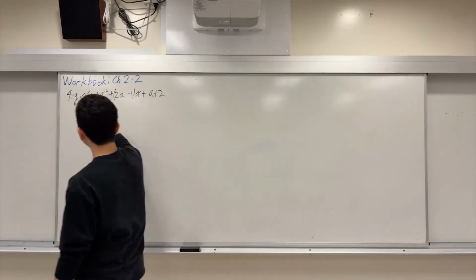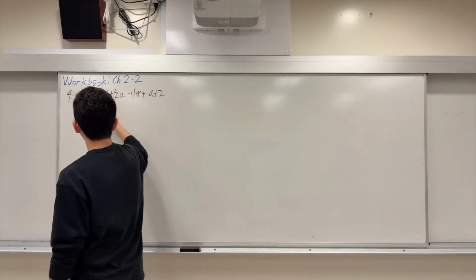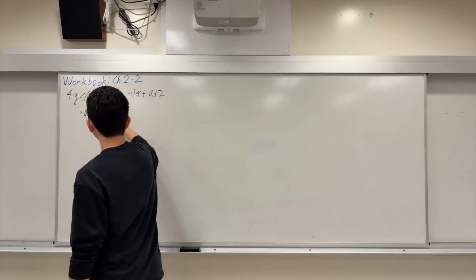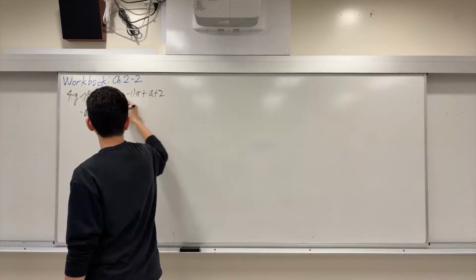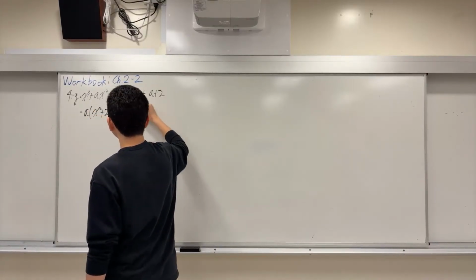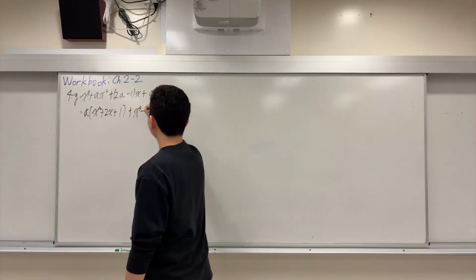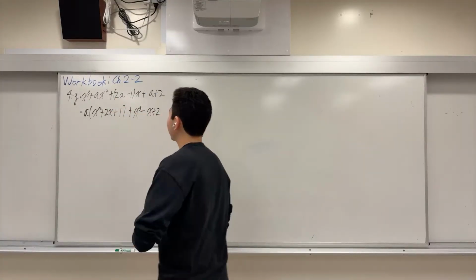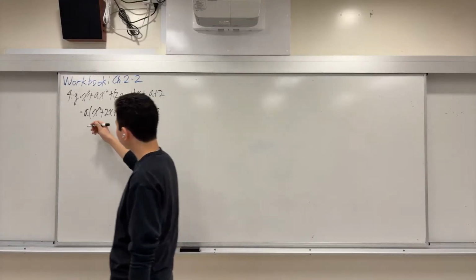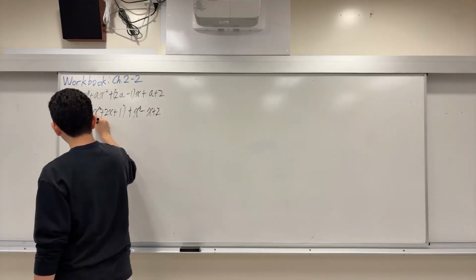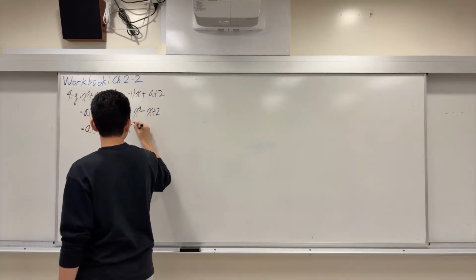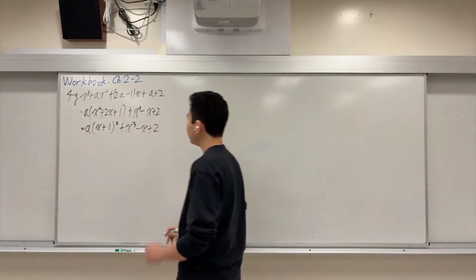Let's pull out a to the front, and then all the terms that have a: x squared, and then this is 2ax, so that's 2x, and then here is plus 1. And all the terms that don't have the a term, x cubed, minus x, plus 2, are the terms that don't have a. As soon as I write this, you will see that this polynomial is indeed a square, so a times (x plus 1) squared plus x cubed minus x plus 2.